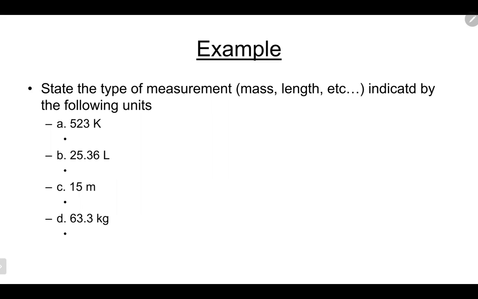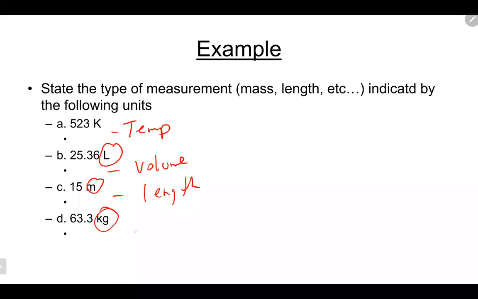So Kelvin, as we saw, is a unit of temperature, right? Liters is a unit that represents volume. Meters is a unit that represents length. And lastly, kilograms is a unit that represents mass.